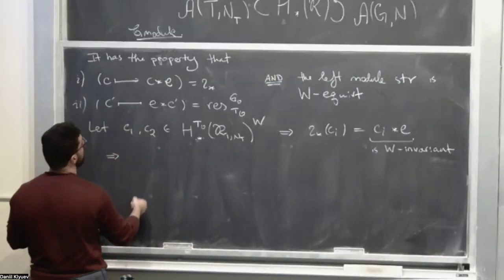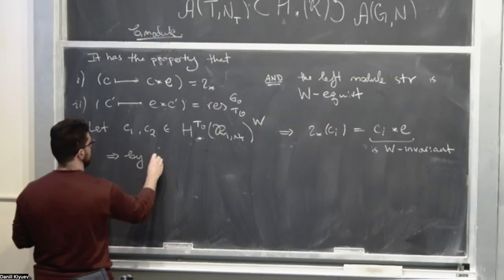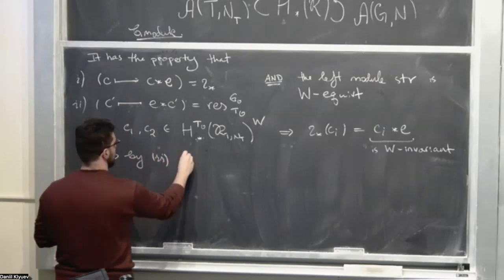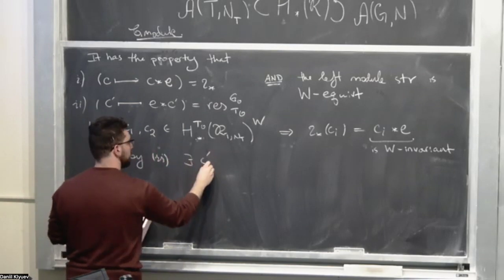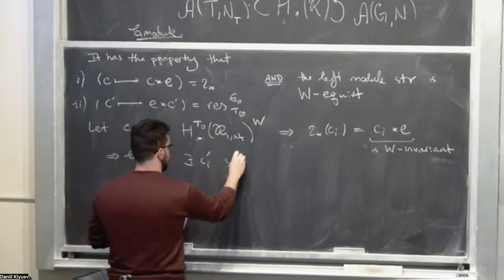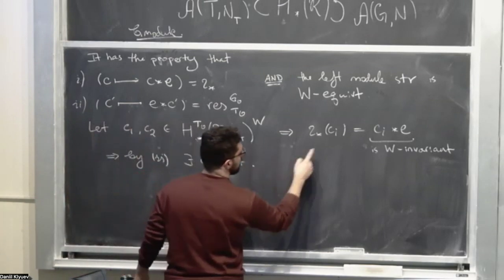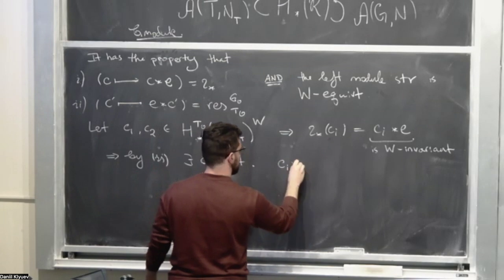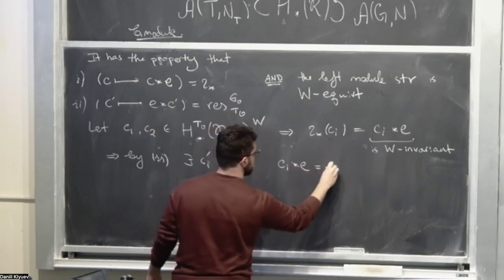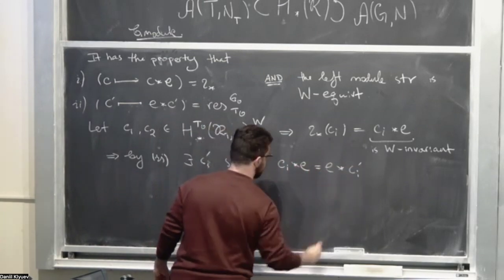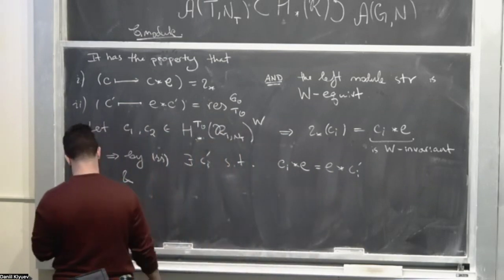Therefore, by 2, there exists Ci prime such that this invariant element is equal to it.